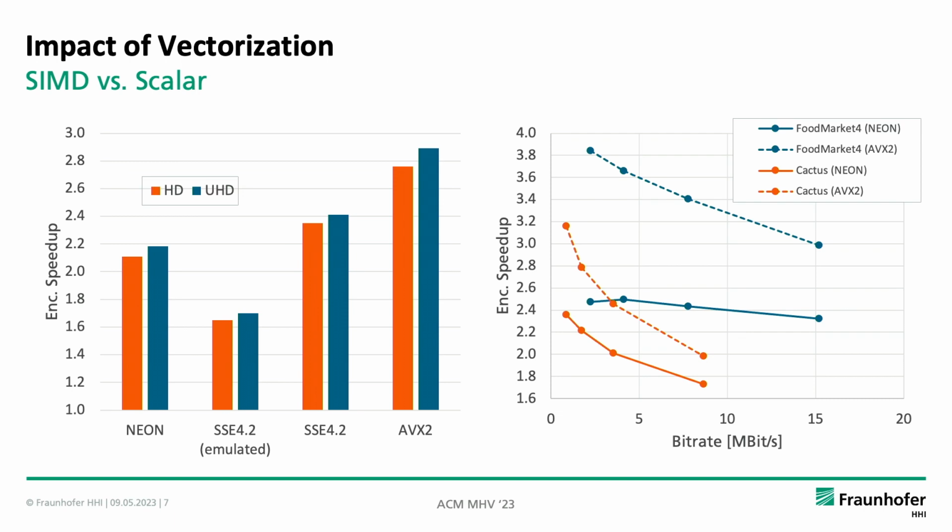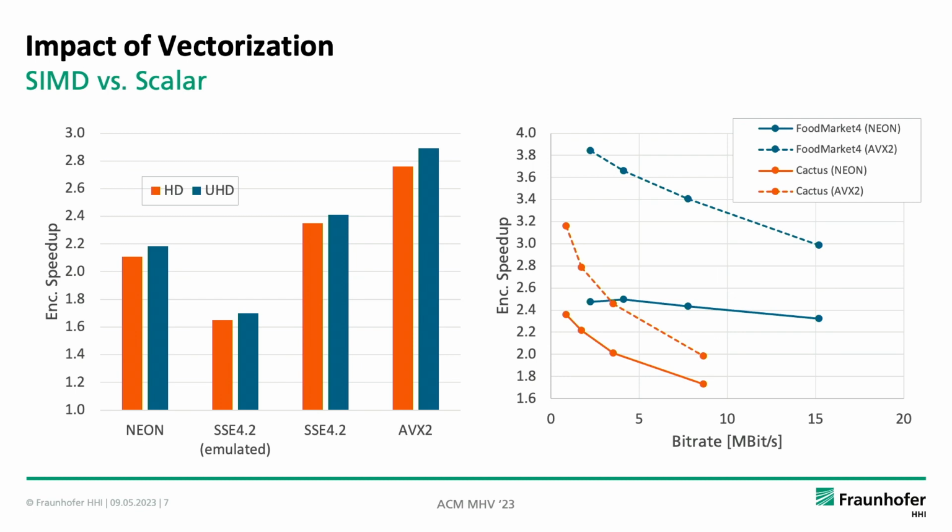On the ARM platform, which was the MacBook laptop where we measured, the Neon optimization SIMD gives you between 2 and 2.2 times speed up, while on the x86 system, the i9 laptop, if you use AVX2, you can get up to 3 times speed up. So there's still a bit of room for improvement for Neon.